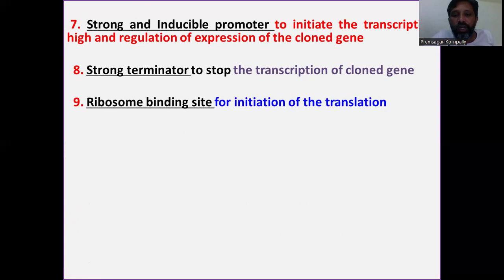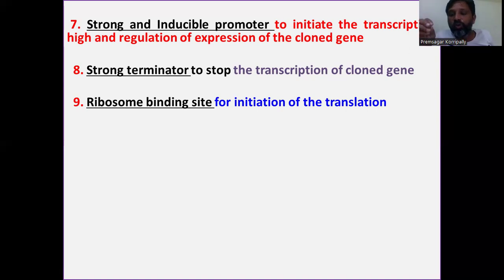You all know the ribosome binding site in prokaryotes is the Shine-Dalgarno sequence, and in eukaryotes it is the Kozak sequence, right? That sequence must be there after the promoter, at the end terminal of your gene.